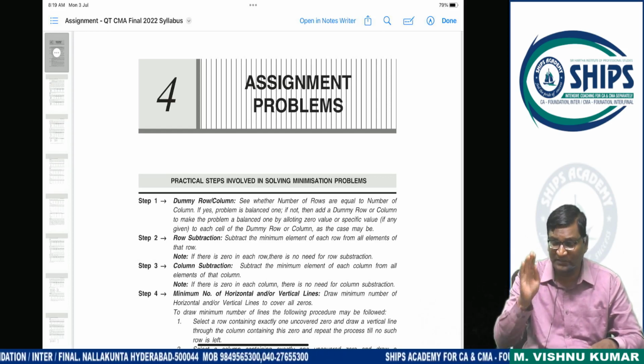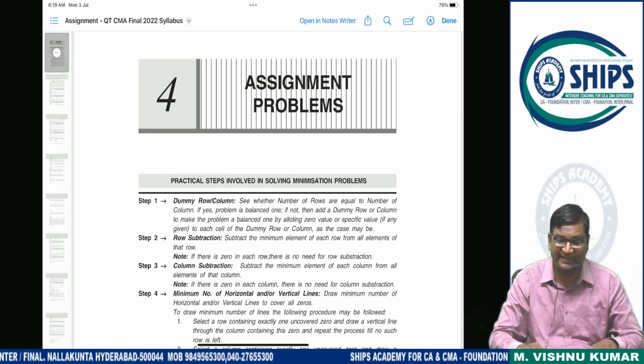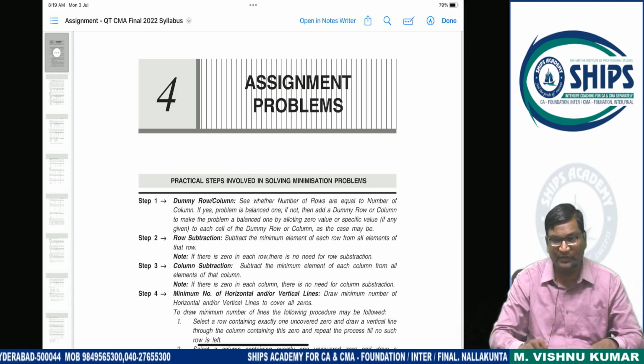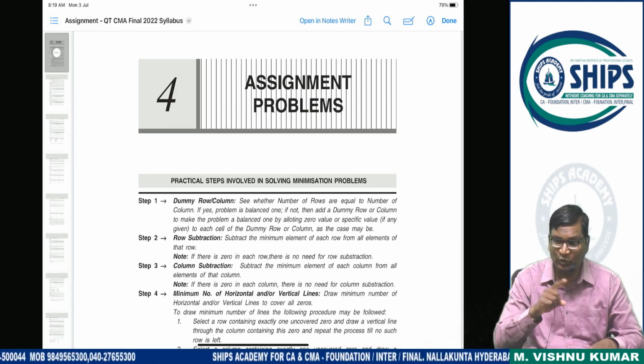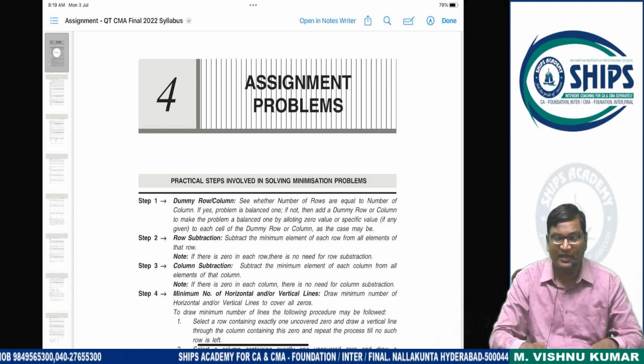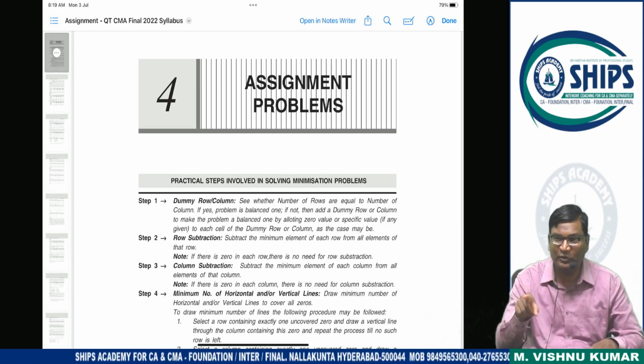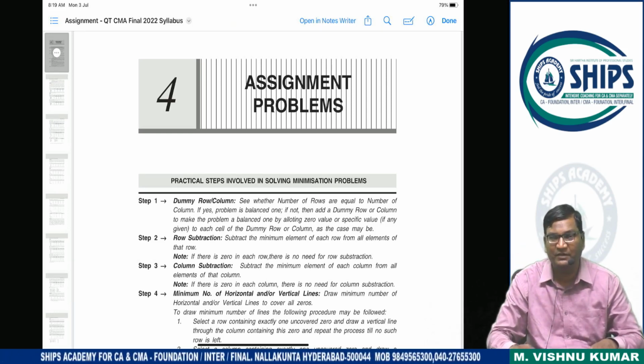And in what way do you have to assign the 4 classrooms to 4 faculties? 1 classroom will be assigned to 1 faculty only. 1 faculty should not get 2 classrooms. And all faculties have to be engaged. And no faculty should be idle. And cost should also be minimum.